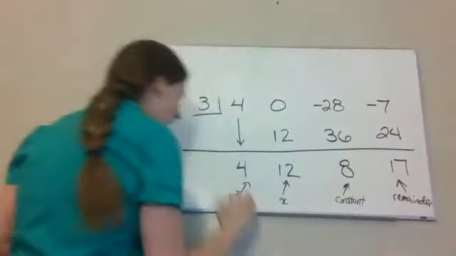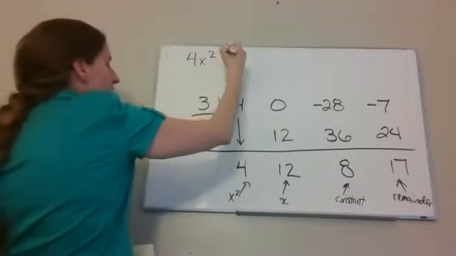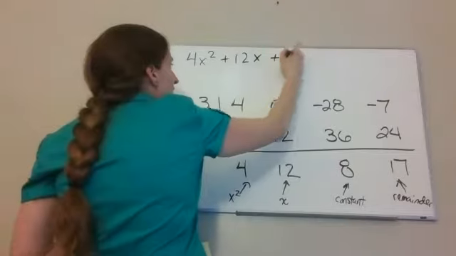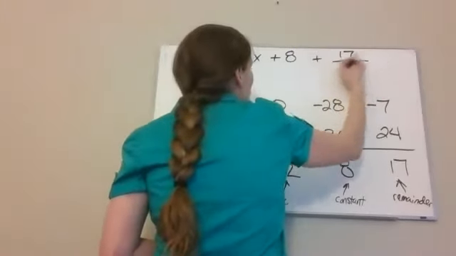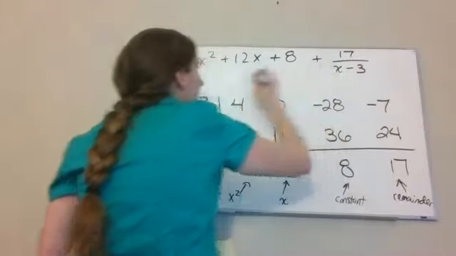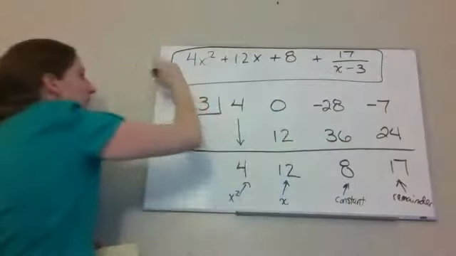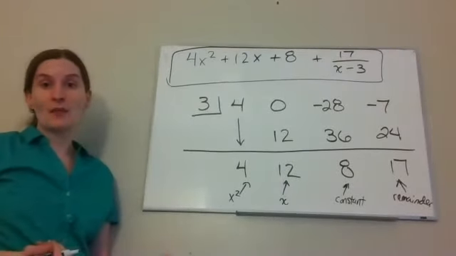The final answer would be 4x squared plus 12x plus 8 plus my remainder over the thing I was dividing by. And there's our very first synthetic division problem.